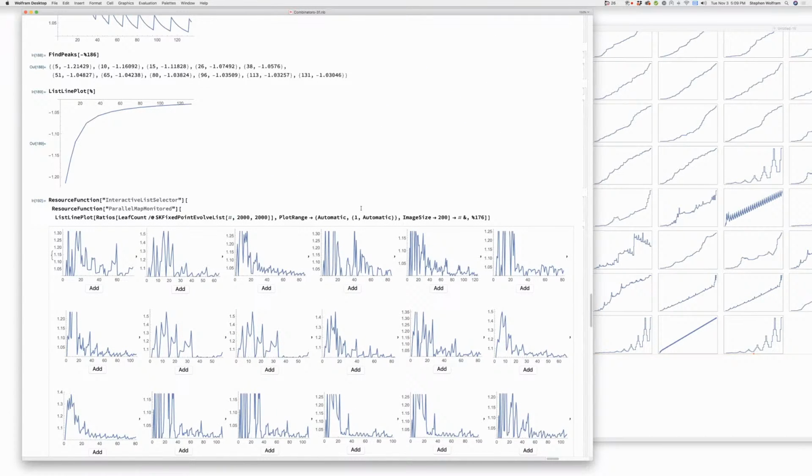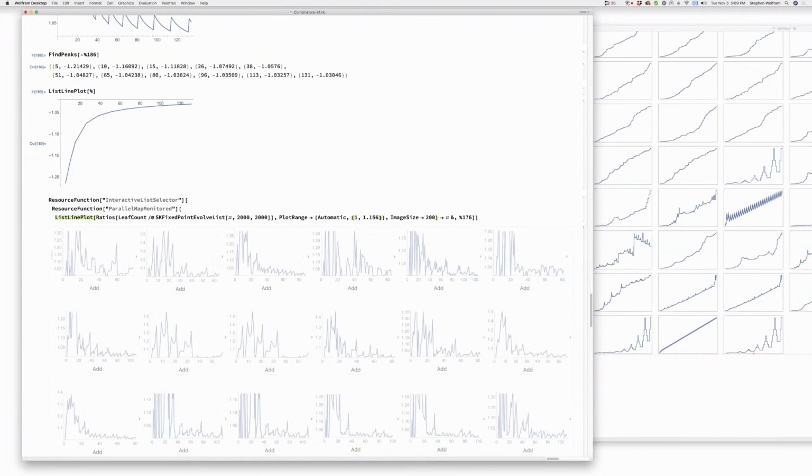Let's see, what else can we look at here that gives us a sense of whether these things are going to, I mean, I can certainly run them longer. I guess I can run them longer, and I can ask, why don't I plot, let's say just between 1 and 1.15, for example.